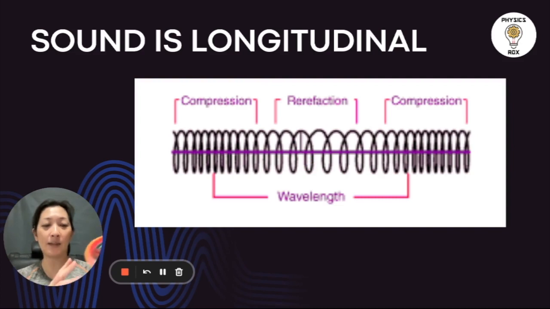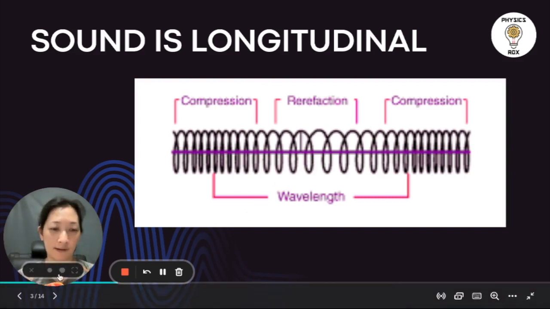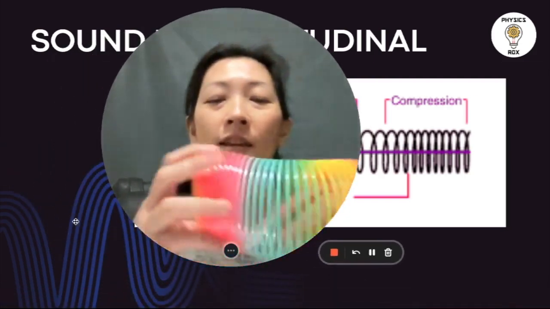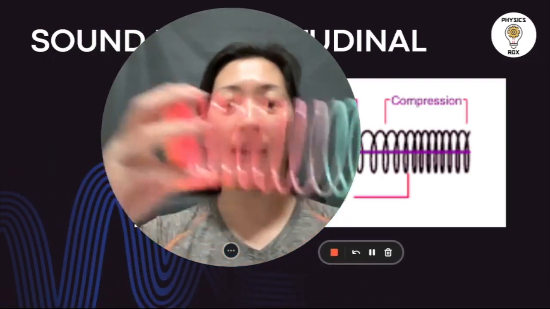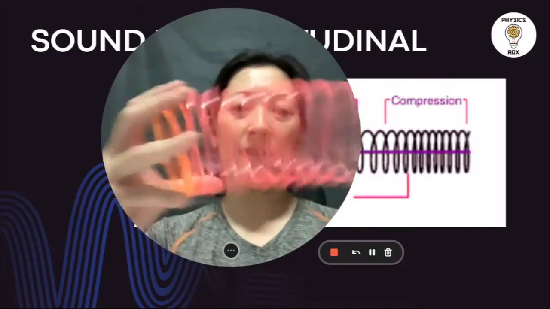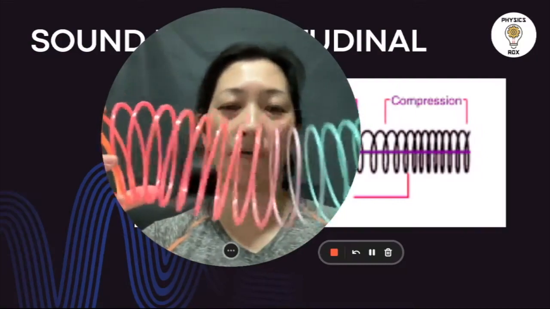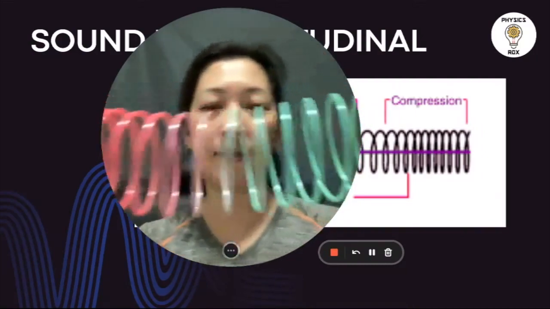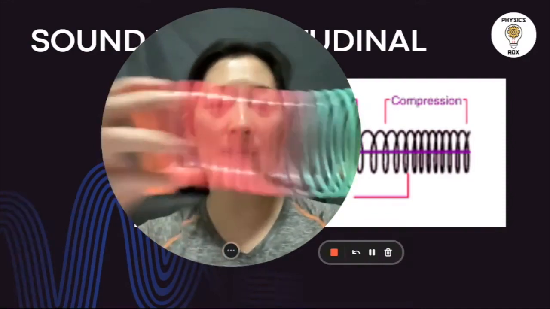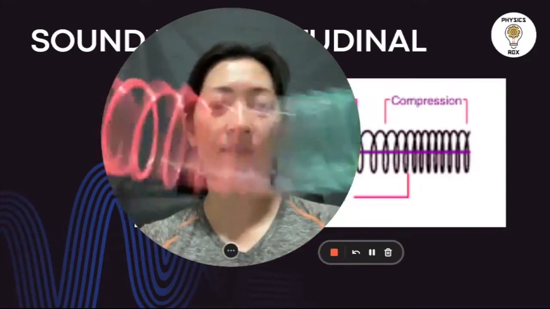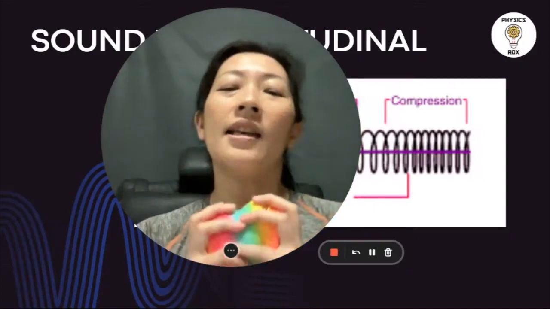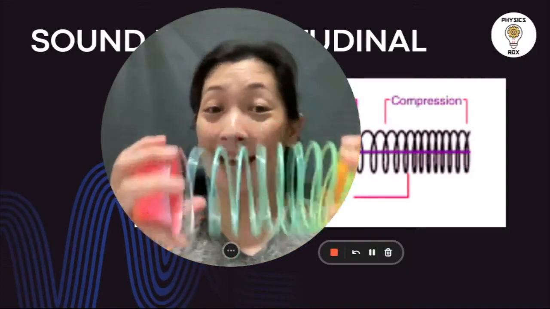So if we have the slinky spring to demonstrate again, which you should have learned when you first learned about the different types of waves, longitudinal waves behave this way. The oscillation of the particles here is parallel to the direction of the wave travel. Sound waves transfer energy exactly the same way.